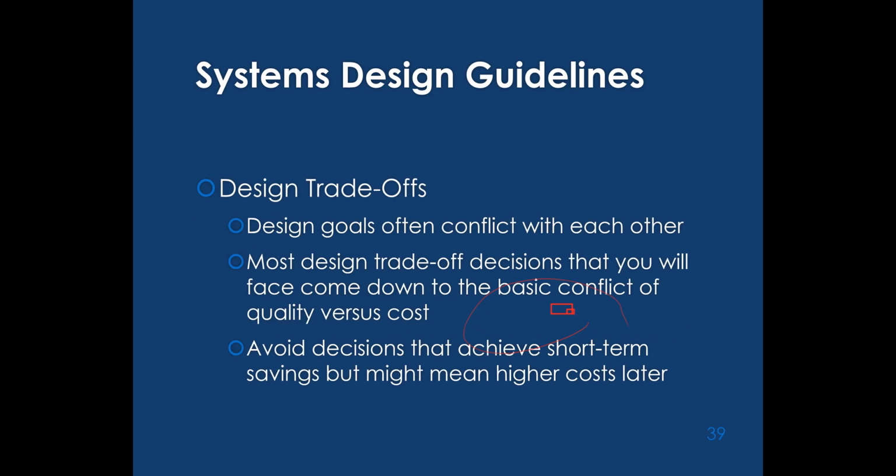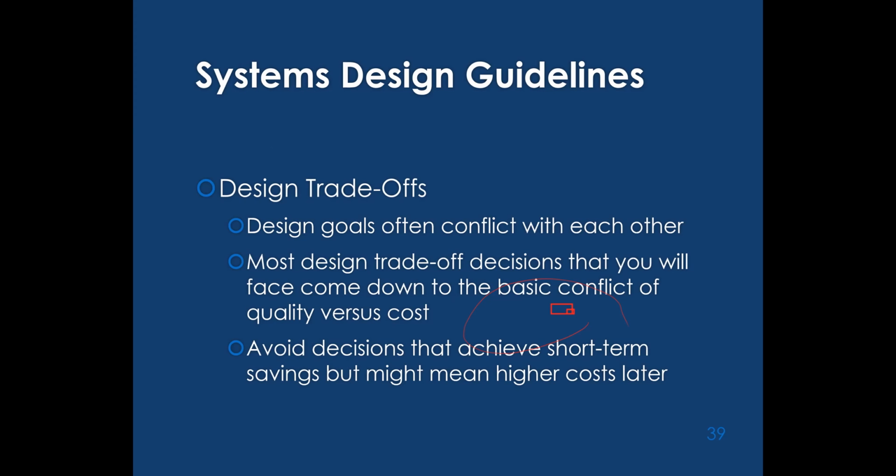You have to trade off, because sometimes you design a very nice interface, but it takes a long time for users to enter data, or it might be prone to attack by hackers. That one you should change because of quality issues as well. You have to think about that, and avoid decisions that achieve short-term savings but might mean higher cost later.